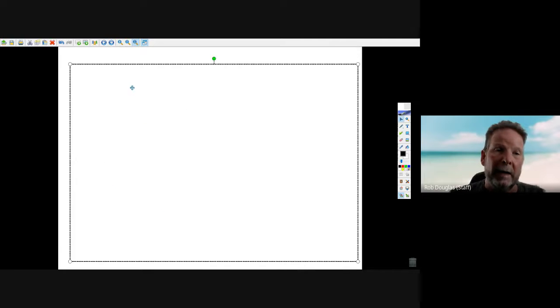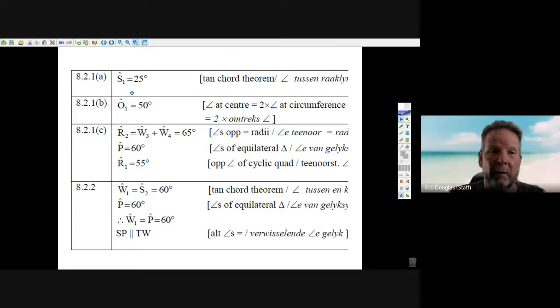And when you write it all out, here it is in the memo, all done. S1 is 25, tan-chord theorem. O1 is 50, angle at the center is 2 times angle at the circumference. R2 equals W3 plus W4, 65 degrees, equal angles opposite equal radii. P is 60 degrees because it's an equilateral triangle, and R1 is 55 because of the opposite angles of a cyclic quad being supplementary.